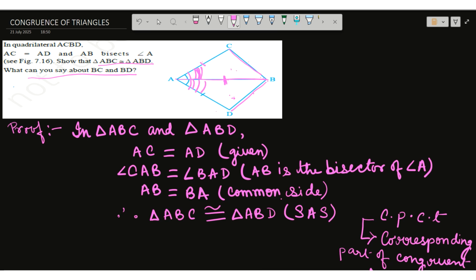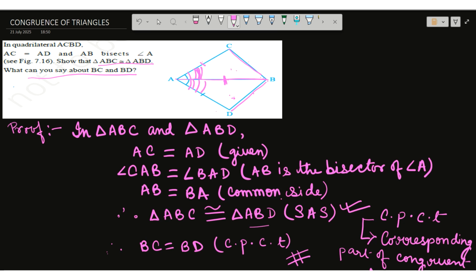So since we have already proved that triangle ABC is congruent to triangle ABD, we can write that BC is equal to BD under the condition CPCT. That's all we have to prove.